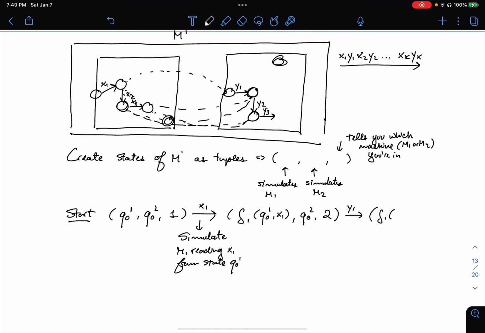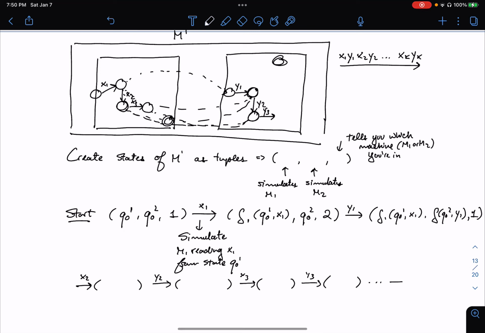So this stays the same, but now I read Y1 from Q02, and now I switch back to simulating in M1. I continue this way, reading X2, then Y2, then X3, then Y3, and so on until I read XK.